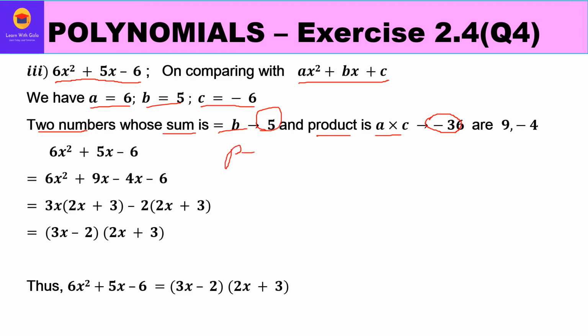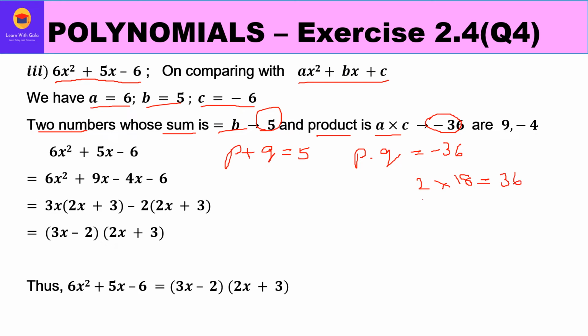So basically we have to think of two numbers such that p plus q is equal to 5 and p into q gives us minus 36. Now let us concentrate on factors of 36. First we can take 2 into 18, which is 36.